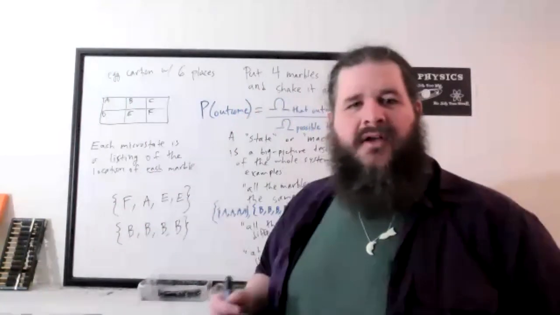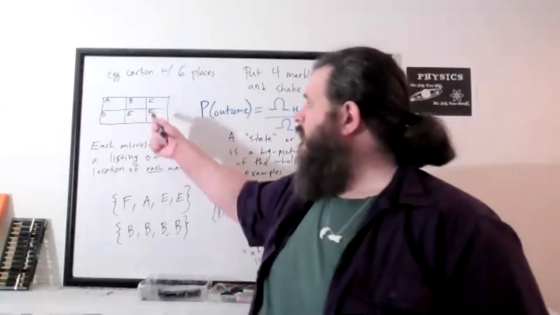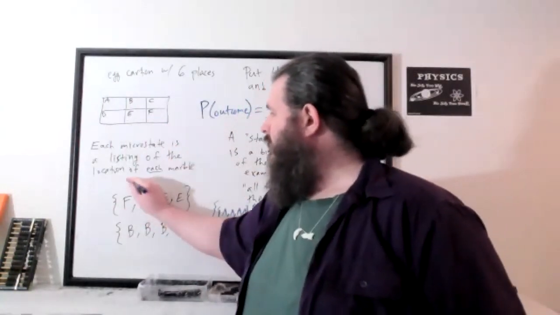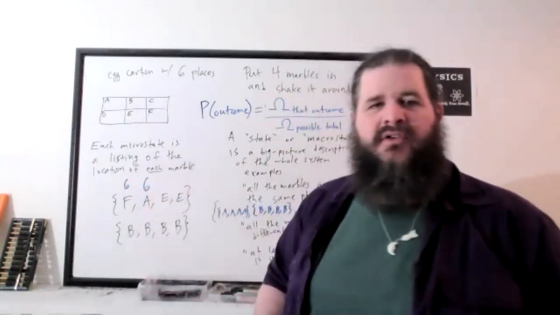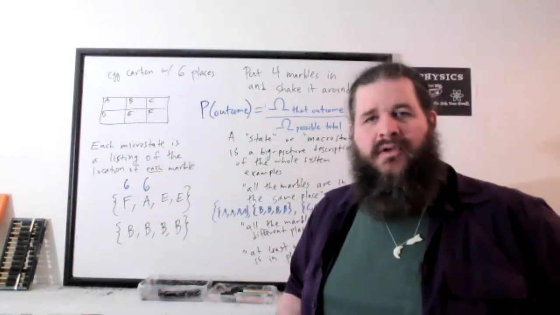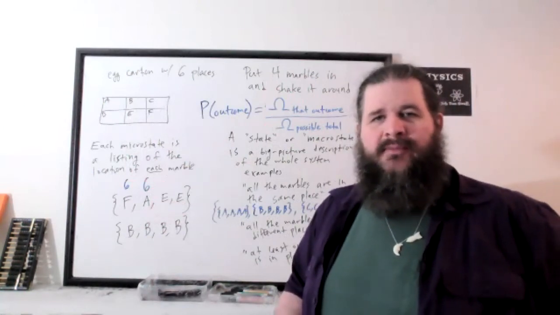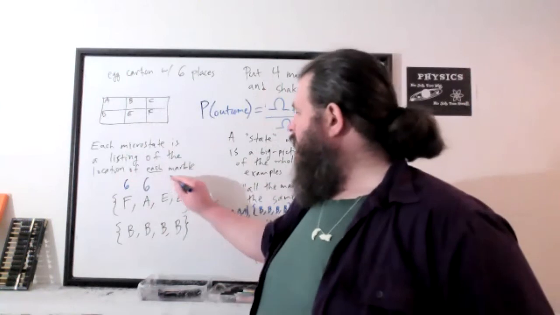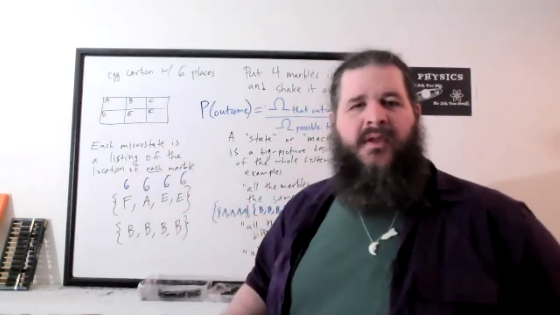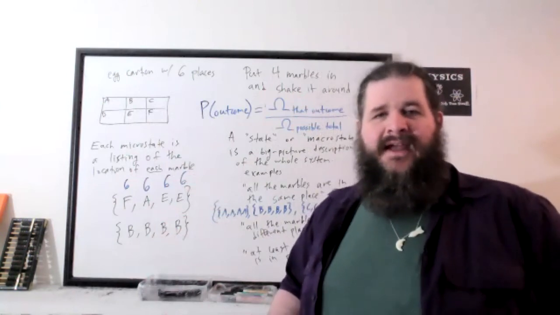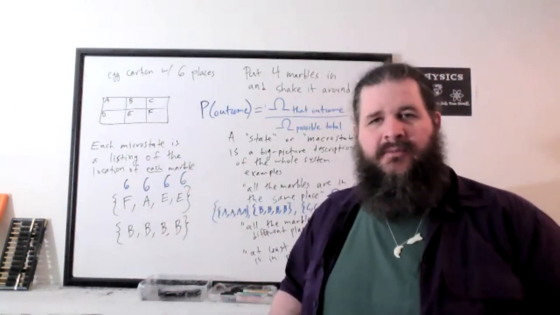If you just imagine tossing in these marbles one at a time, the first marble could be in any of these 6 places. The second marble could be in any of these 6 places, because we're assuming that the marbles don't fill up the holes, that each hole could fit possibly all of them. The third marble could be in any of these 6 places, and the fourth marble could be any of these 6 places. So each marble is an event in the terminology usually used in probability theory.